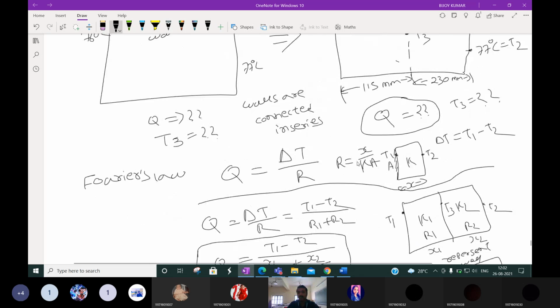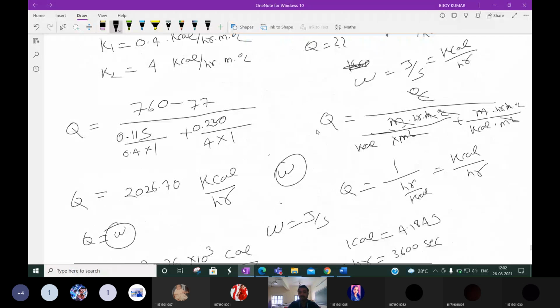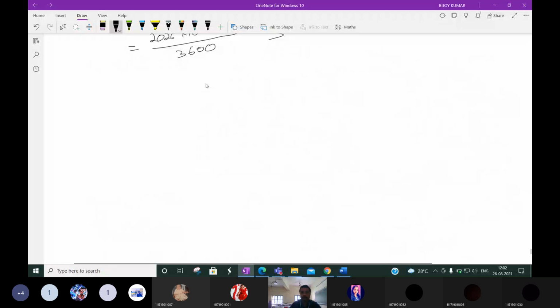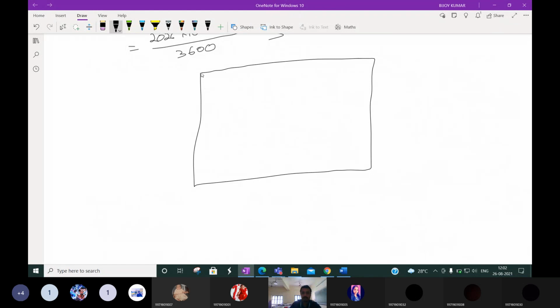The next problem is you have to find the interface temperature. Let me draw once again. T1 is equal to 760 degrees centigrade. This is 0.115 meter, this is 0.230 meter. K1 is given 0.4, K2 is given 4.